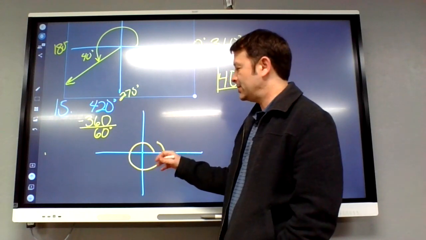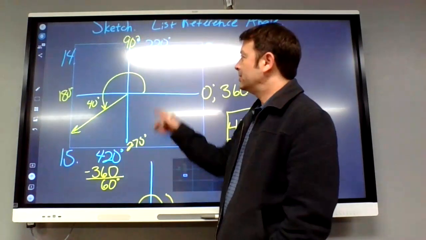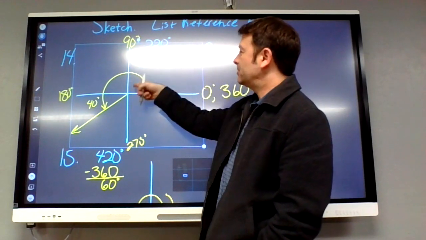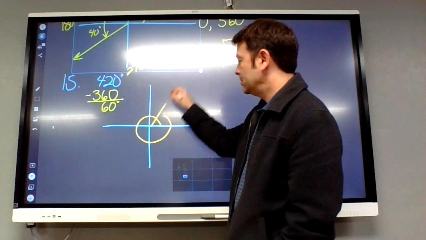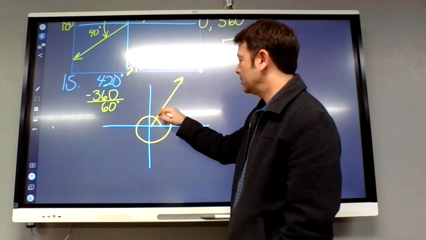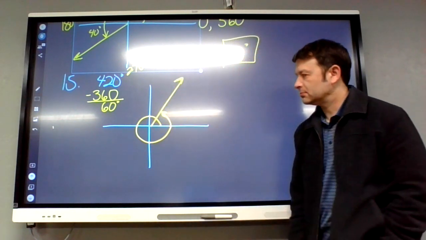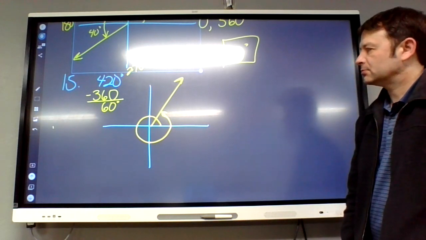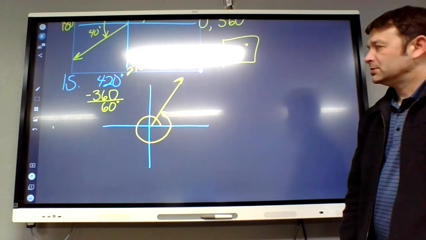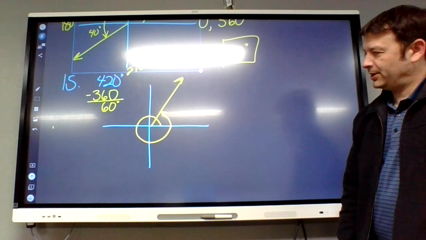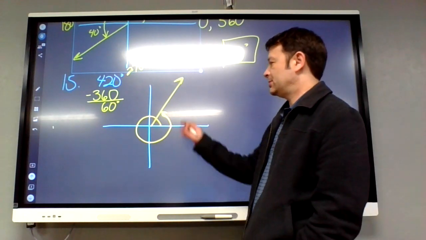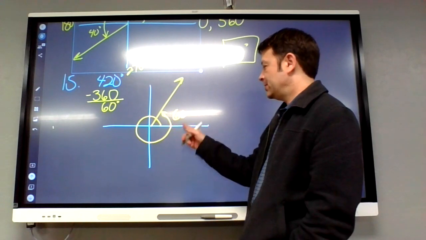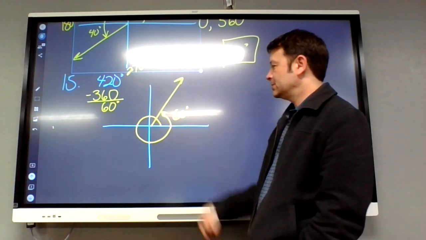Where's 60 at? Closer to 90, about 2/3 of the way to 90. So it'd be about right there. And what is the reference angle? 60, because it's 60 degrees past 360.